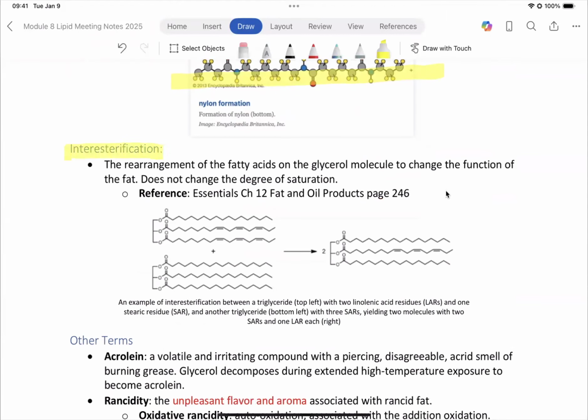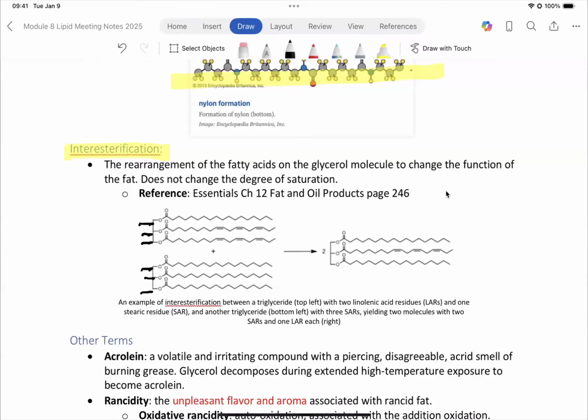Interesterification is something that's really interesting. And I don't know how they do this, right? So if we have our triglyceride right here, you'll notice that this one is saturated on the outside and then polyunsaturated on these two. And this one is saturated, saturated, saturated.